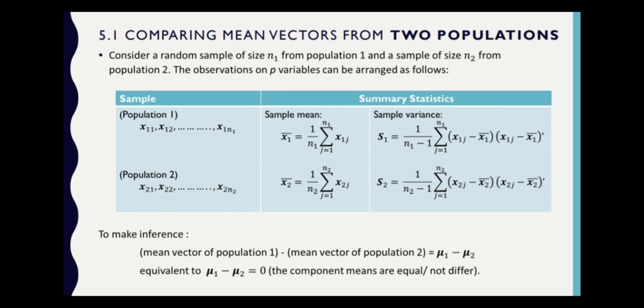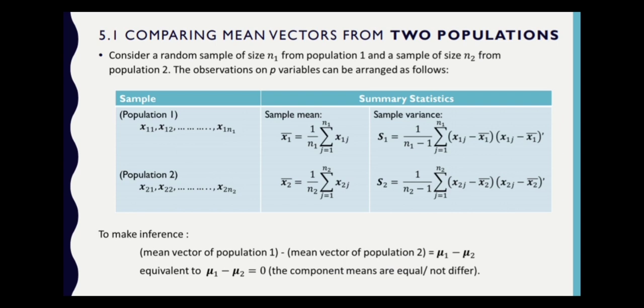Okay, so our intention adalah to make the inference about the two mean vector. Okay, our intention kat sini kita nak tengok whether both of the two population ni differ or equal. Macam yang you belajar dalam step method, kan? So how we can do that?